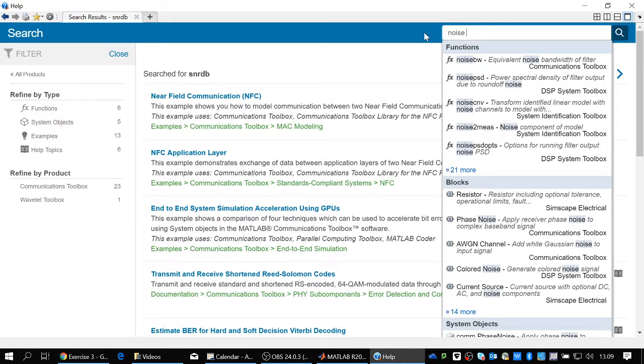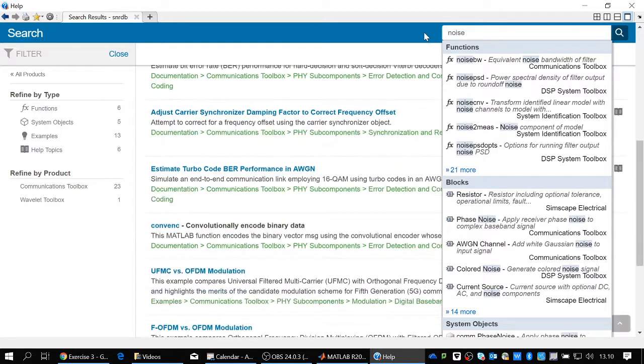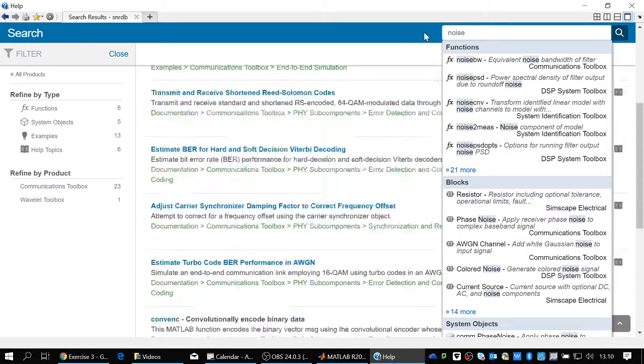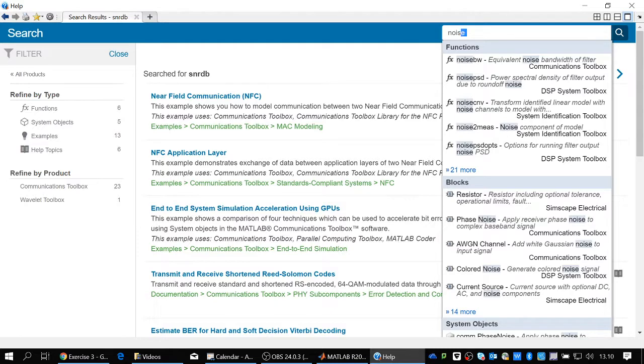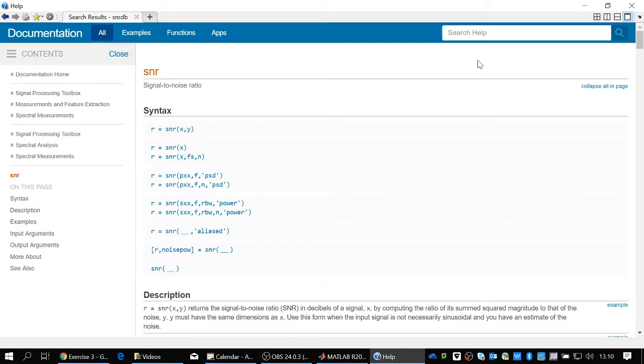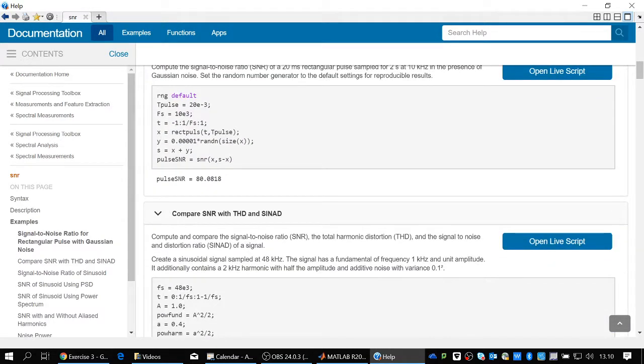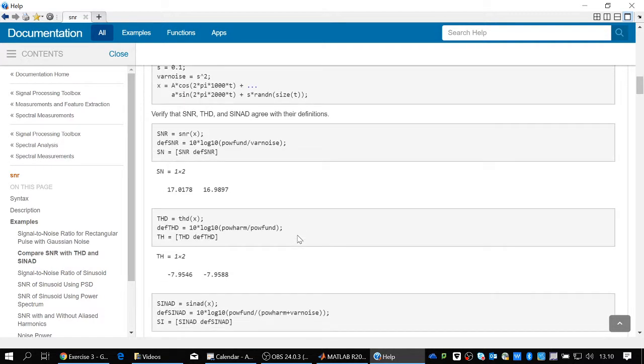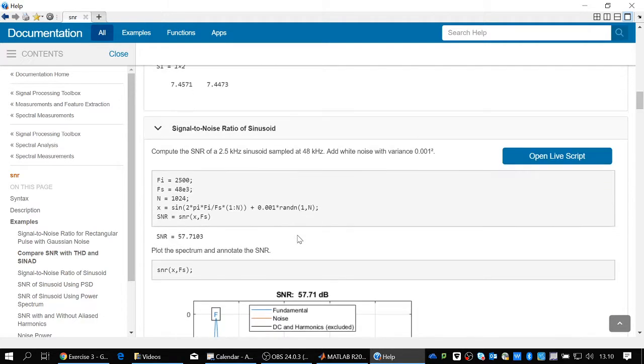Noise component, noise measurement, noise sounds. randn, signal to noise ratio.